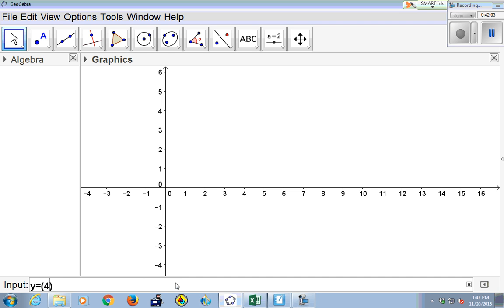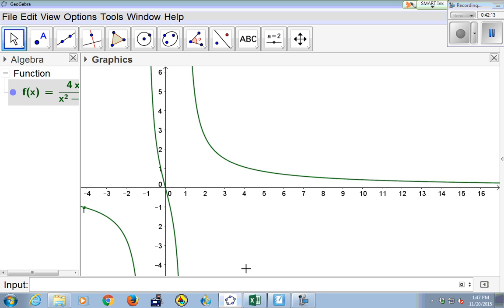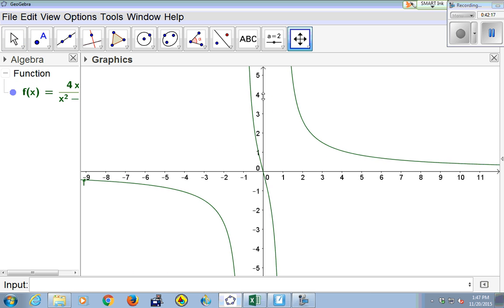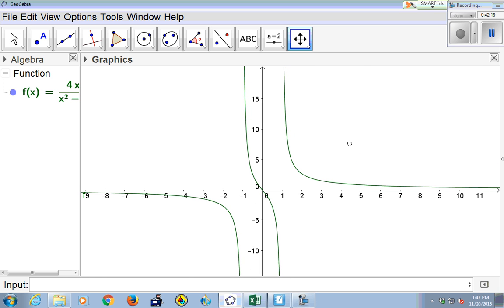So I'm going to have 4x divided by x squared minus 1. And then if I just scale it a little bit, that's the graph that we got. Yeah. So you can definitely use GeoGebra or a graphing calculator to check your work.